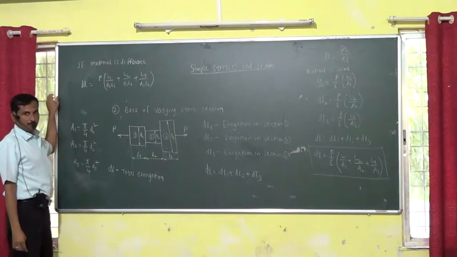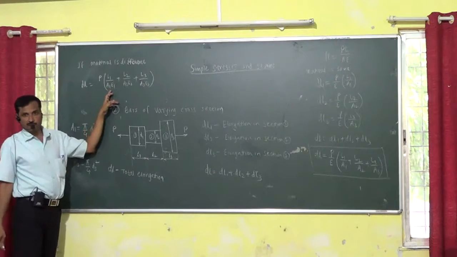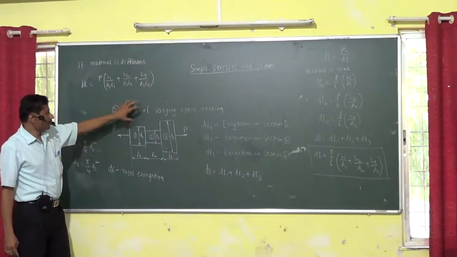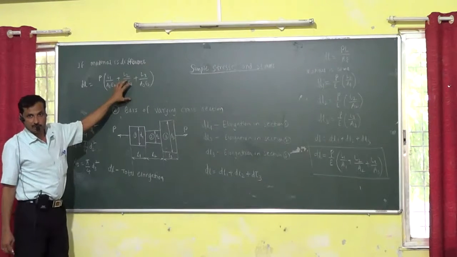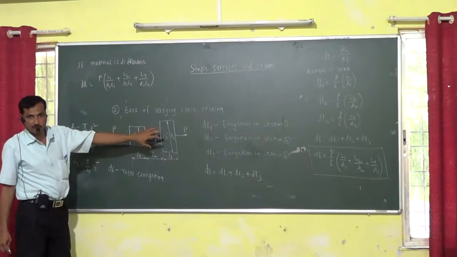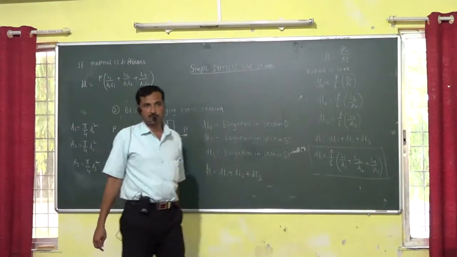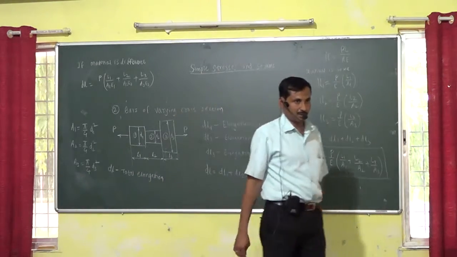where with usual notations E1 is Young's modulus of the material for section 1, E2 for section 2, and E3 for section 3. Is it okay?